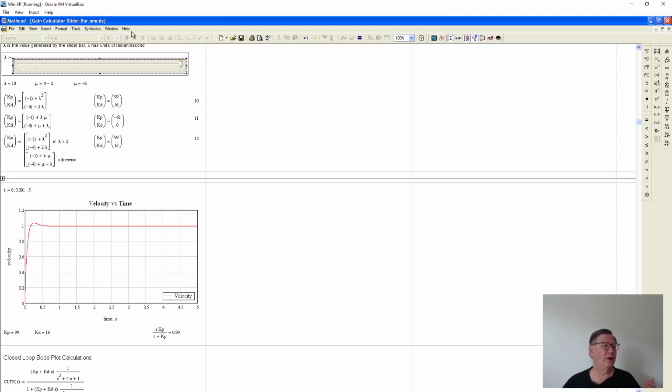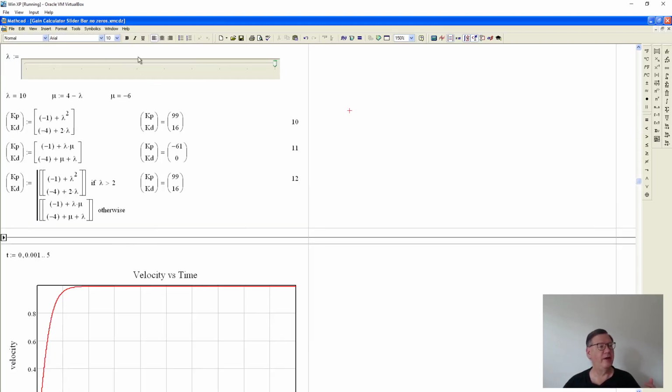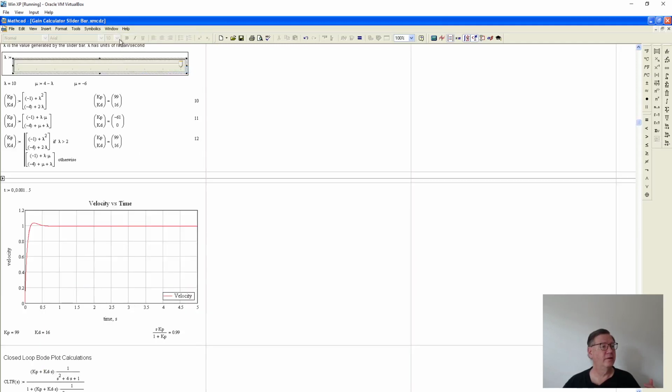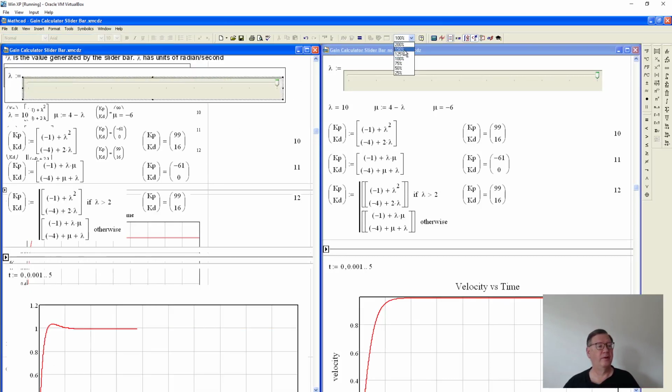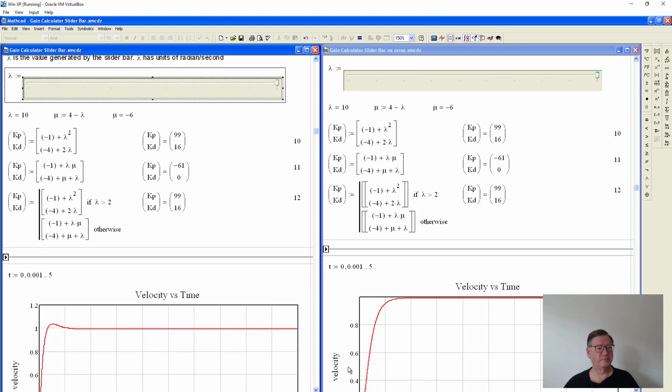So let's take a look at what it looks like when we don't have a 0. So I've got another, let's go back. Do a split. Okay, and then let's make this 150. Now, you can see that I have 2 examples.